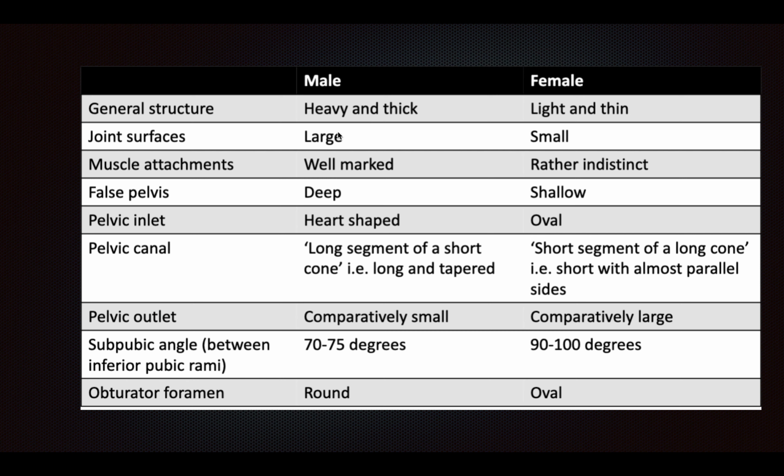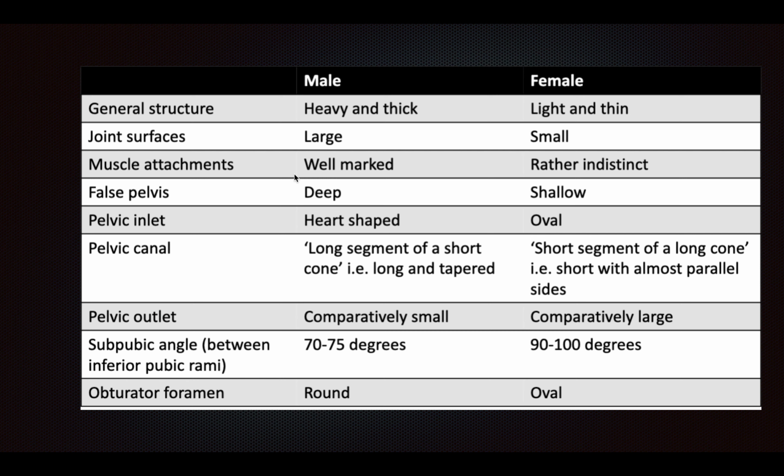The joint surfaces are going to be larger because of the increased amount of, not really the amount of fibers per se, but the tendons will be larger, so the area of attachment will be larger than in females. Why? Males are able to bulk up and build muscles just far more than females.